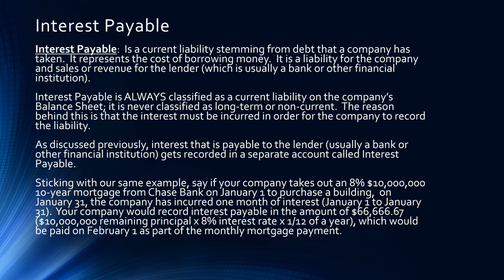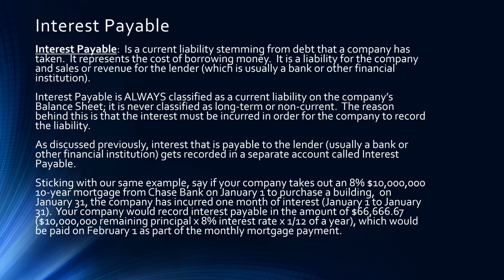Now, sticking with our same example, say your company takes out an 8% $10 million 10-year mortgage from Chase Bank on January 1st to purchase a building. On January 31st, the company has incurred 1 month of interest, which runs from January 1st to January 31st. Your company would record interest payable in the amount of $66,666.67.